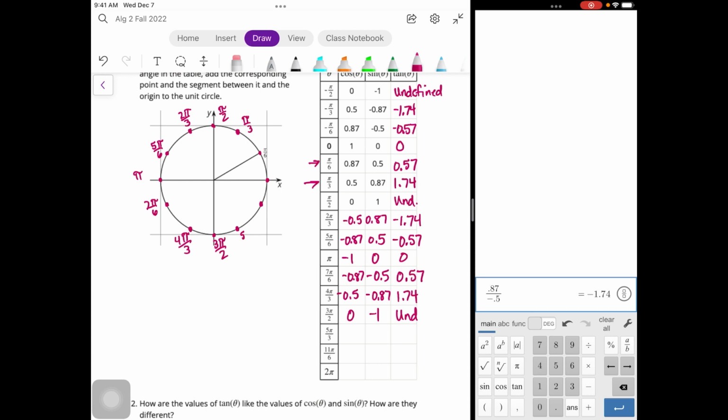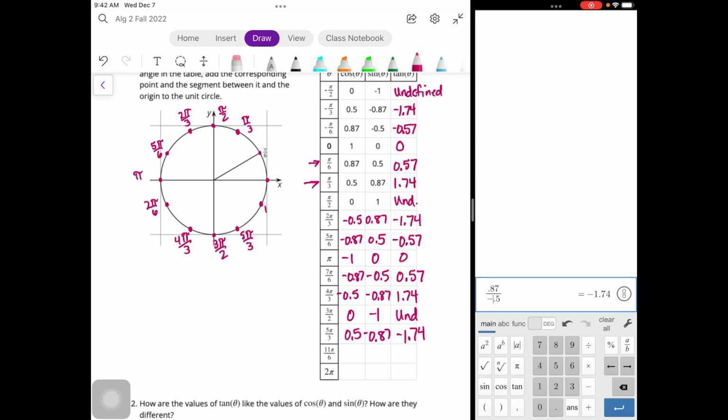And then we have 5 pi over 3 over here, which is actually the same thing as negative pi over 3. And our values are the same as pi over 3. So we have 0.5, and we're in the fourth quadrant, so that's positive. But then our y value is going to be negative. And then when we find our ratio, it's going to be negative because a negative divided by a positive is a negative.